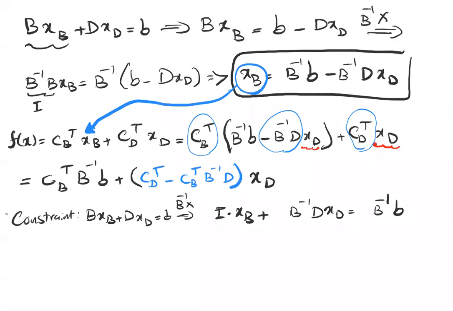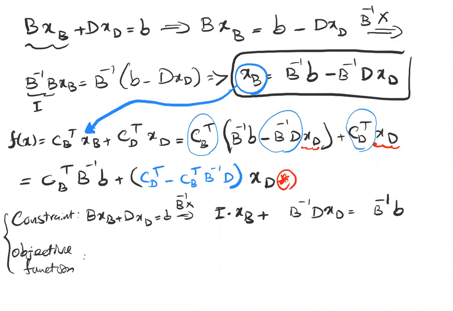On the other hand, for the objective function, again we are going to bring X sub D to the left side and bring everything else to the right side from this equation.